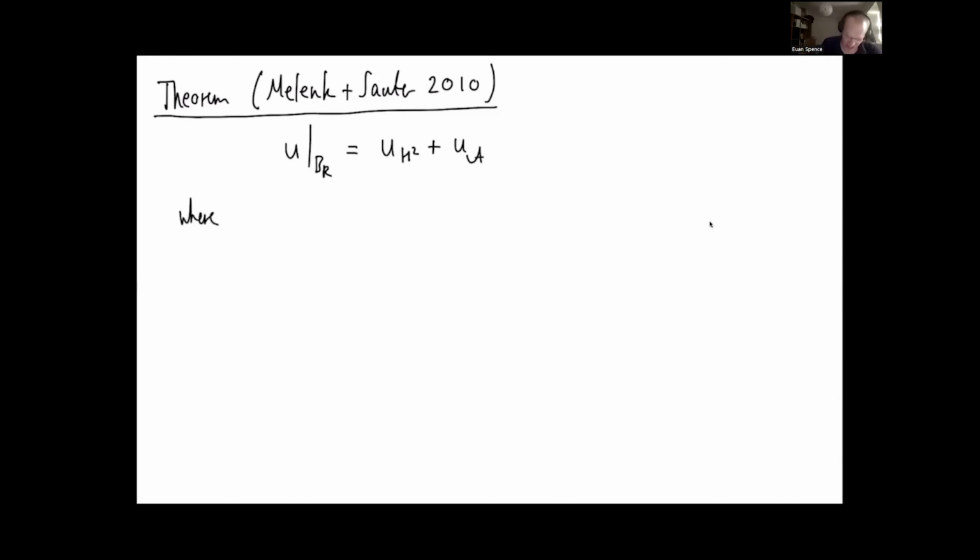And I should say, I'm thinking about the Helmholtz solution. Of course, in this argument we got these solutions to the adjoint equation, but solutions to the adjoint equation are just complex conjugates of regular Helmholtz solutions. So that's why I'm working with the regular Helmholtz solution here. Where U_H2 is in H2.